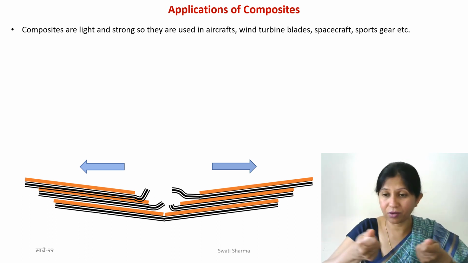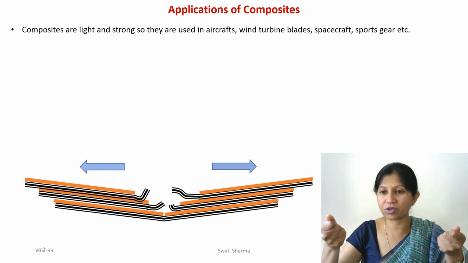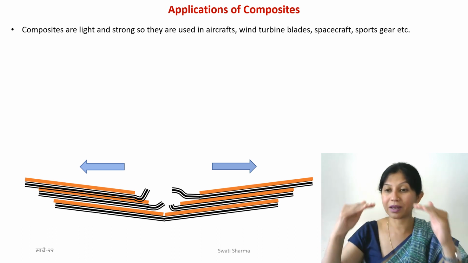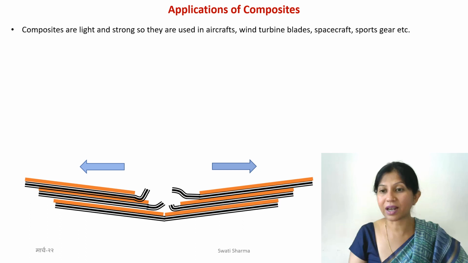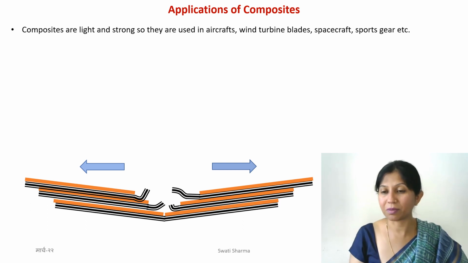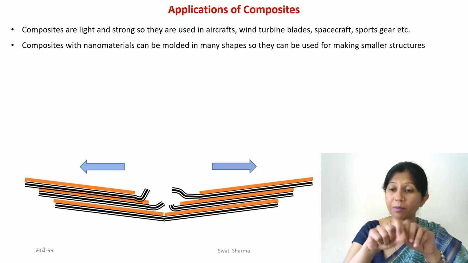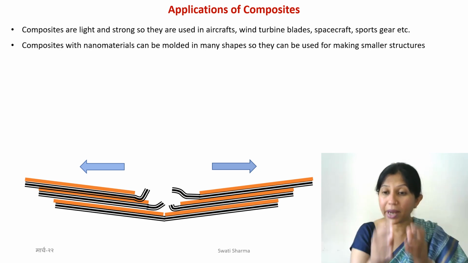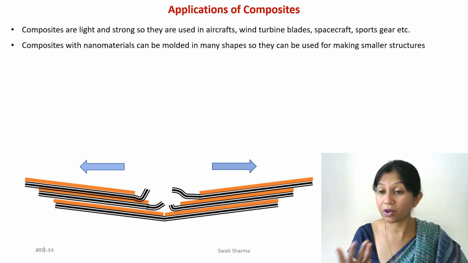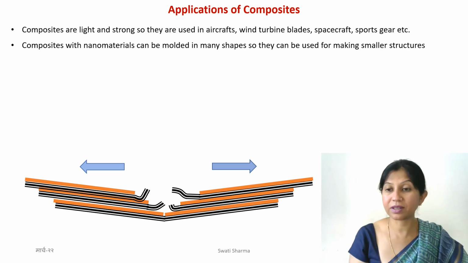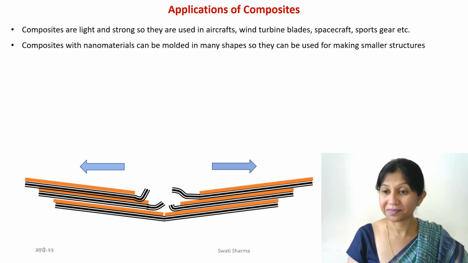Even a single layer of cloth is not easy to break apart, right? And if you have multiple layers and some glue inside them, altogether these are very strong materials, and that is why they are very useful for many applications. Also, they have some flexibility, so you can bend them without breaking them, which is also a very important property. They can withstand a lot of impact, right?